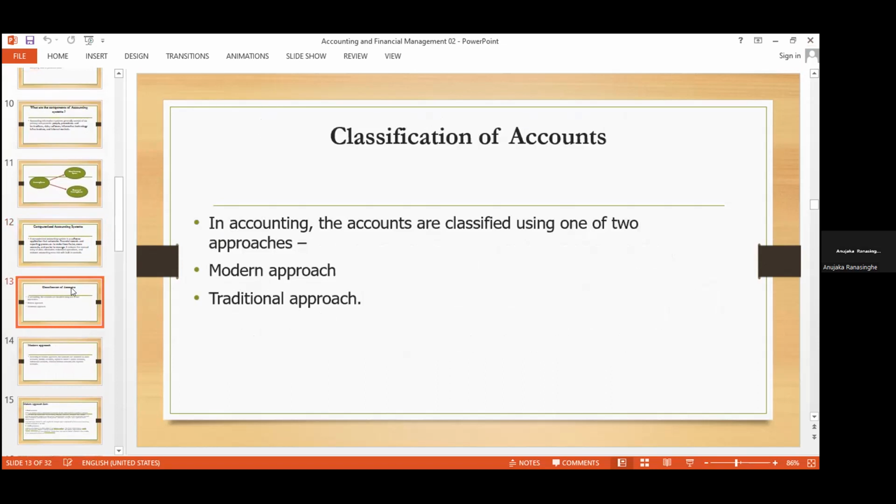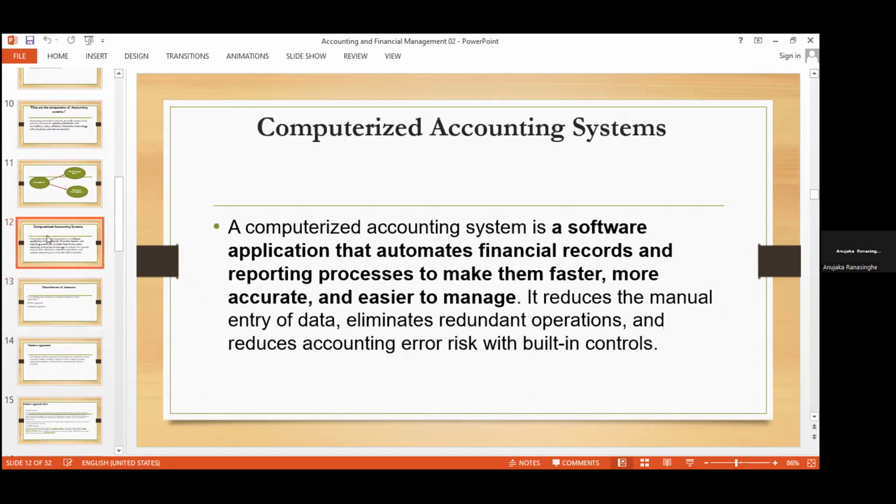Classification of accounts. This is another lesson. These are small parts given by your module. We get the general knowledge only for this.